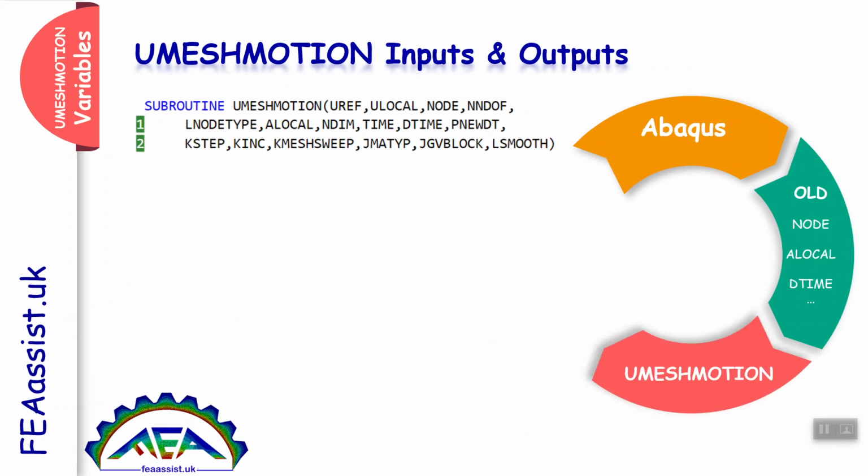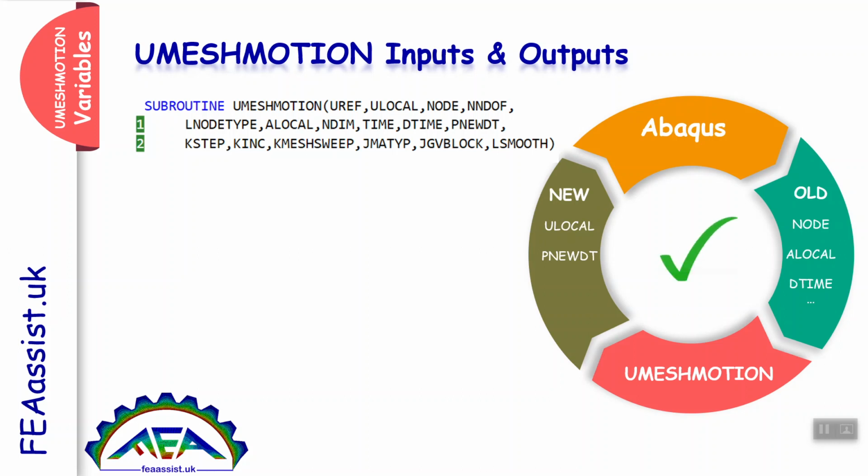We need to get these variables, process them in UMeshMotion, compute the displacement or velocity of the nodes in X, Y, and Z direction, and return these variables into Abaqus.